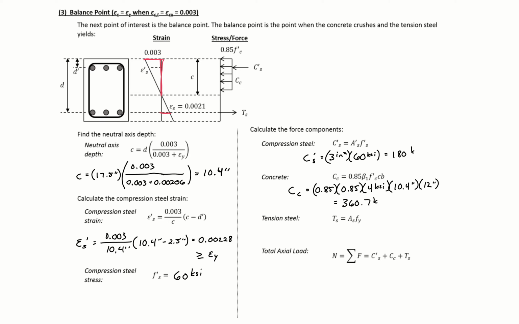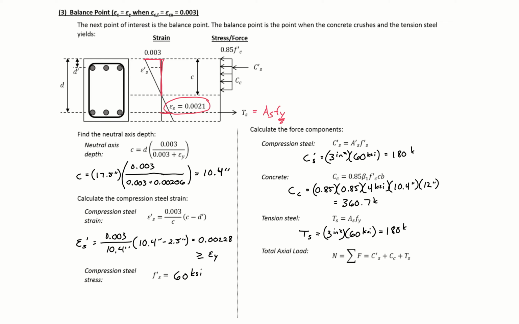And we know that our steel is yielding, so our tension component is just AS times FY. So our TS here is just our 3 square inches times 60 KSI, which will be 180 kips.